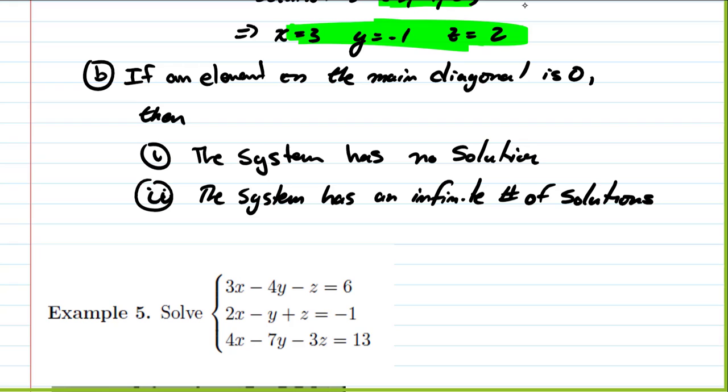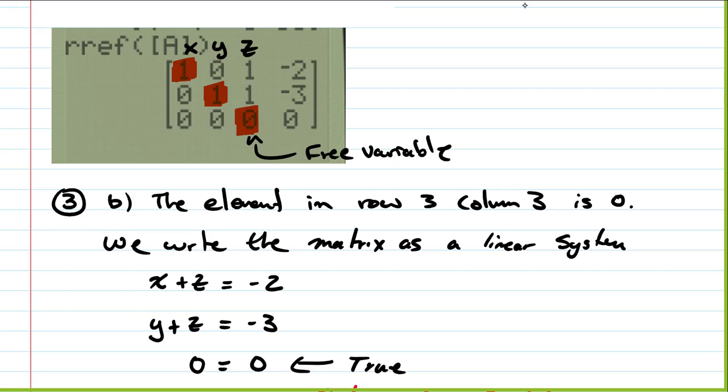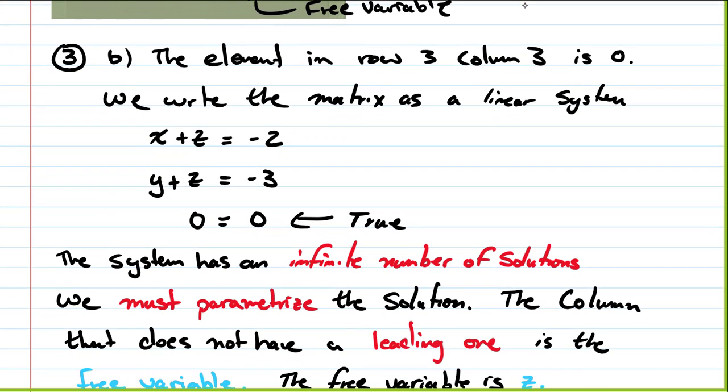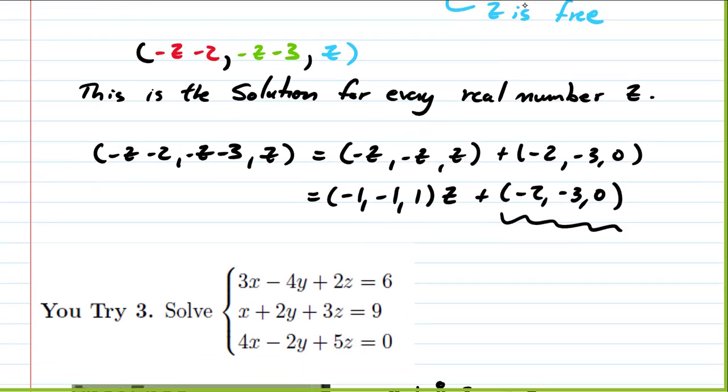If that doesn't happen, if an element on the main diagonal is 0, then we're in the case where it has no solution or it has an infinite number of solutions. The way that we can tell is if the row is all zeros and the equation is true, it has an infinite number of solutions, and then we parameterize to find that infinite family.